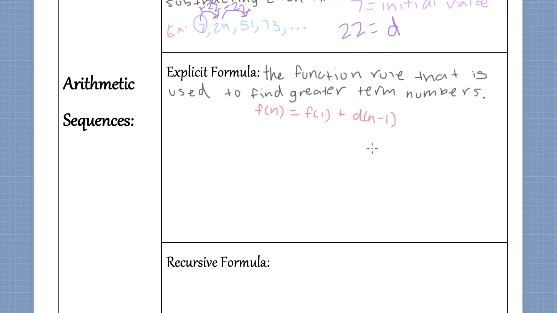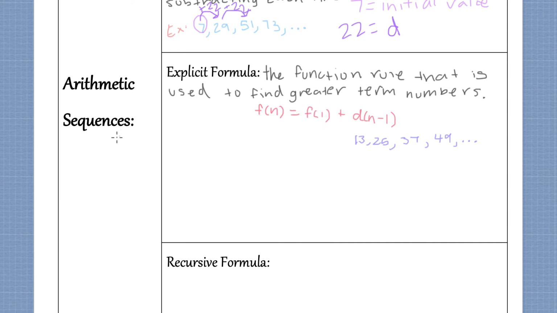So I'm going to write out an arithmetic sequence over here, let's say 13, 25, 37, and 49. It's going to keep on going, right? And I'm going to explain the variables inside of this equation, and show you what it looks like on the arithmetic sequence.